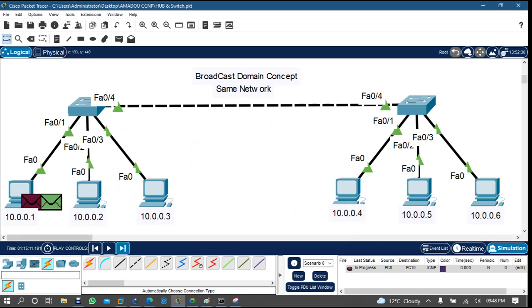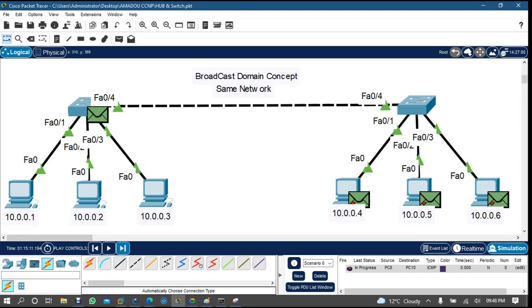But see what is happening here. Data will come to the switch. The switch does not know, so the switch will broadcast. The data is forwarded to this switch, and then this switch will broadcast. So the data will be broadcasted to each and every switch of your network.